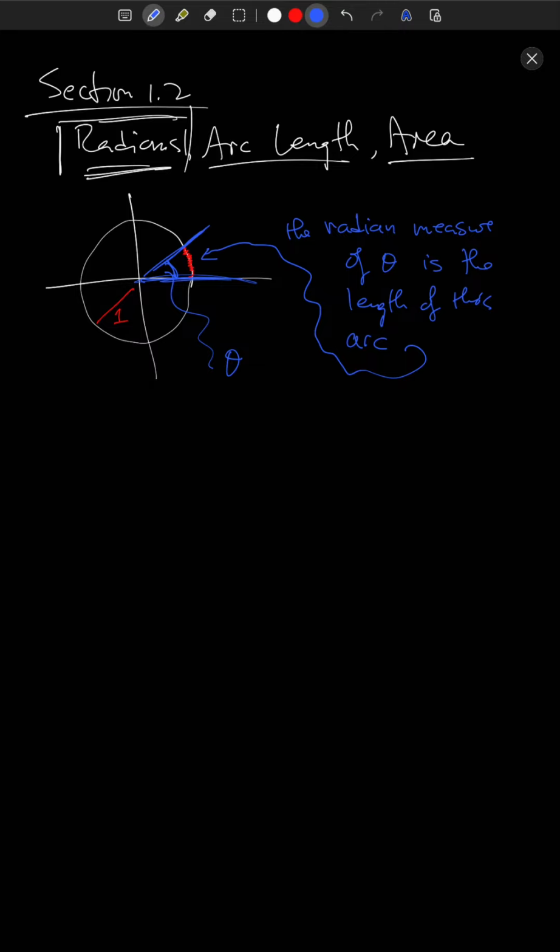This is a very natural measure, and it's also nice in that if you wanted to measure an angle in radians, you can just take out a tape measure. Take your angle, draw a circle, and use your tape measure to figure out how long that arc length is. That's literally exactly the radian measure. So not only is it very natural, it's relatively simple in terms of the concept.